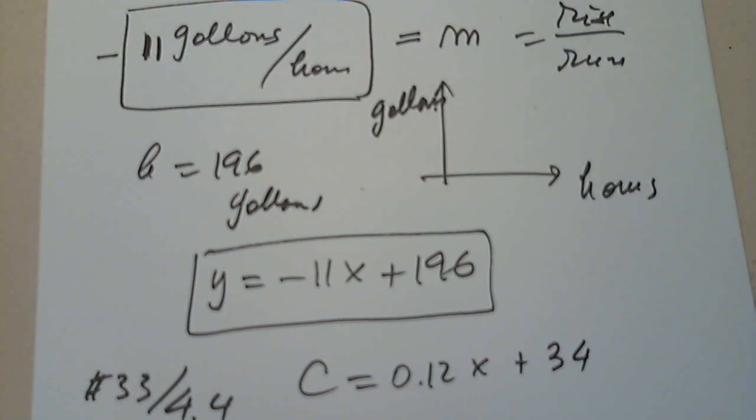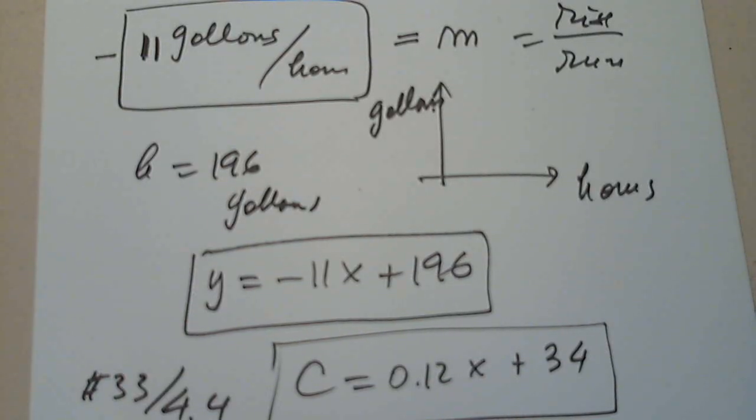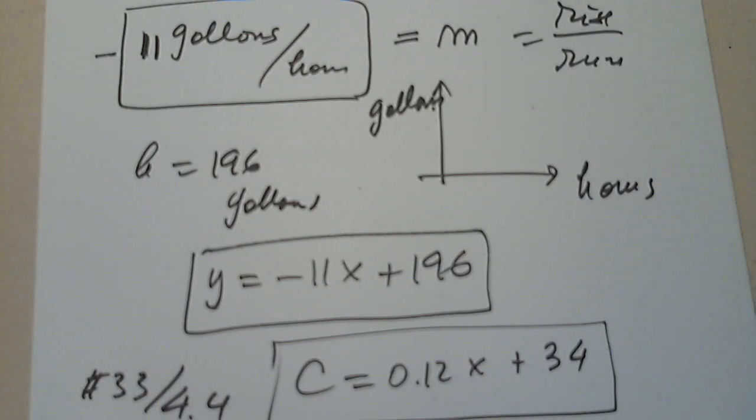So the total cost is the fixed cost per day plus the cost per mile times the number of miles. This is exactly the same thing we just did in all these problems. They're all the same. I'll explain why I wanted to work on this problem. They want x, good, 0.12x plus 34. Did I use x? Yes. Use integers? Yes.